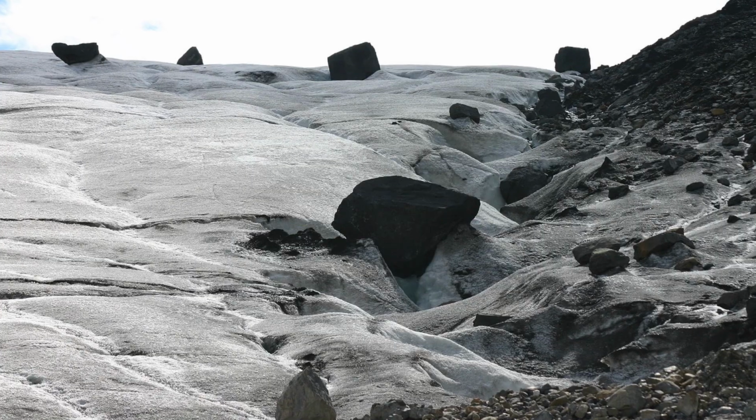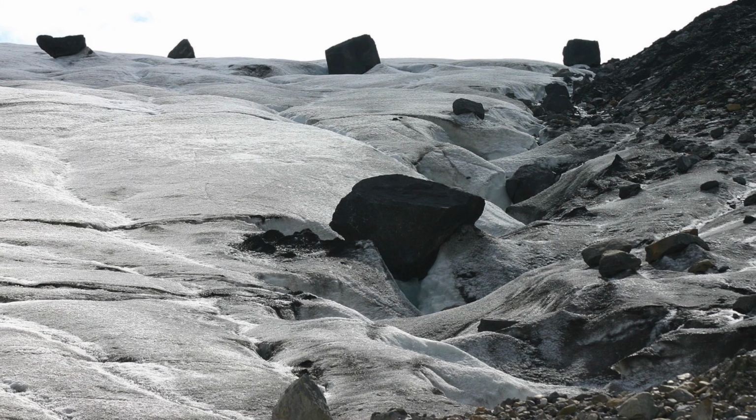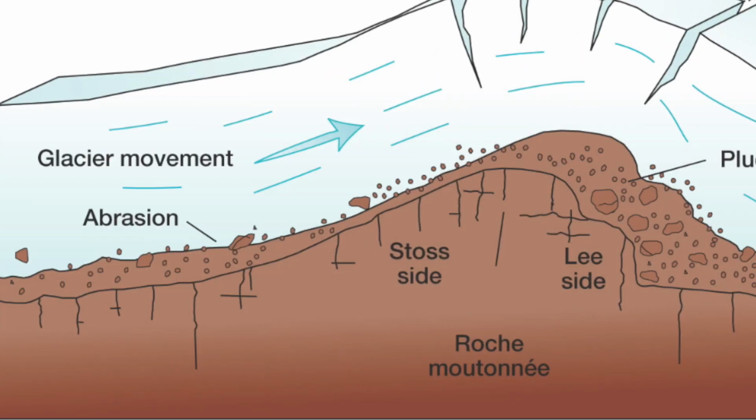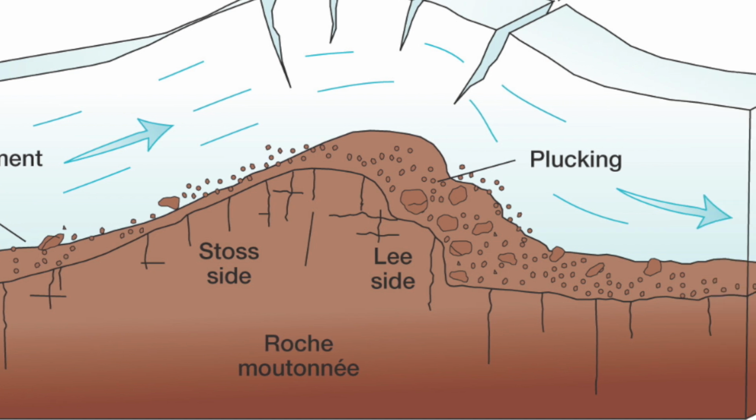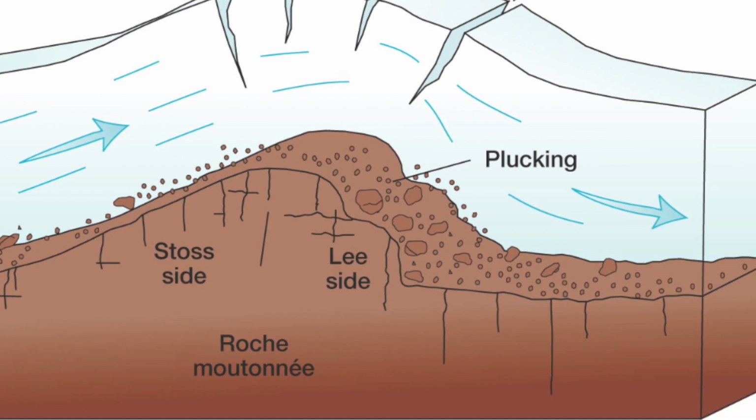Abrasion. Abrasion results primarily due to the presence of rock fragments, which are the product of frost wedging, embedded in the basal ice. These rock fragments polish, scratch and cut grooves on the rock surface over which the glacier moves.